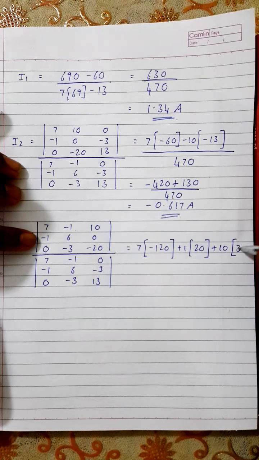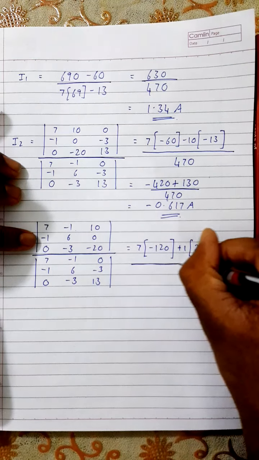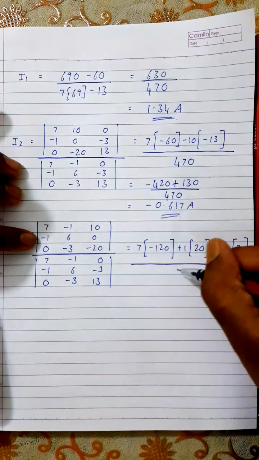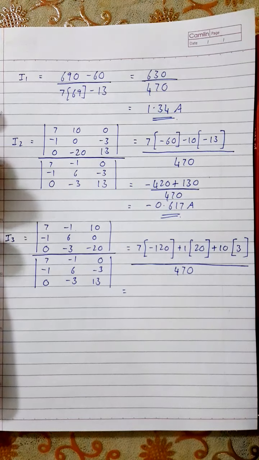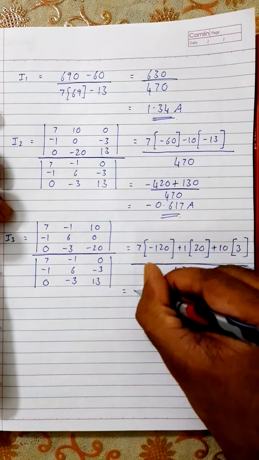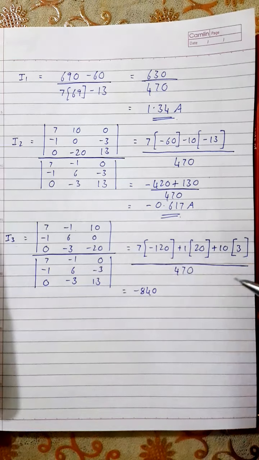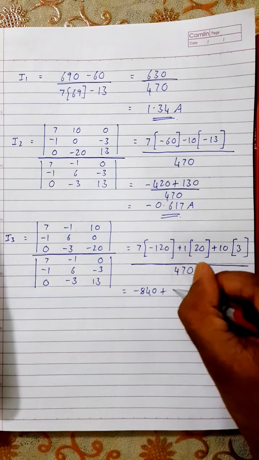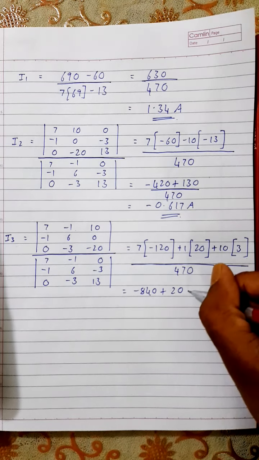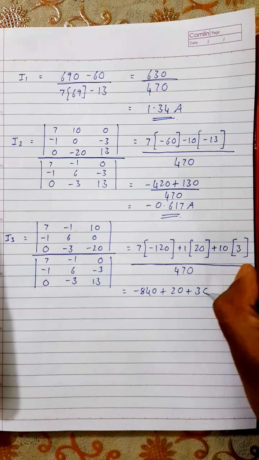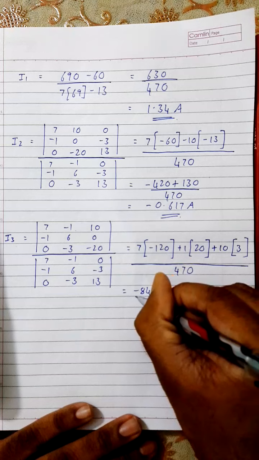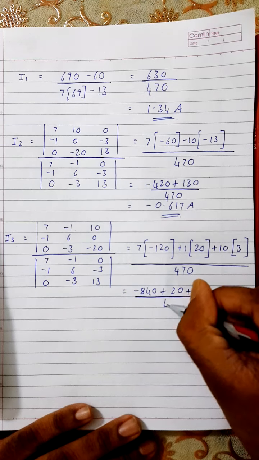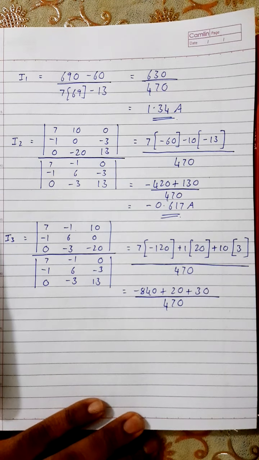The whole thing is divided by the same denominator, 470. So you will get minus 840 plus 20 plus 30, divided by 470.